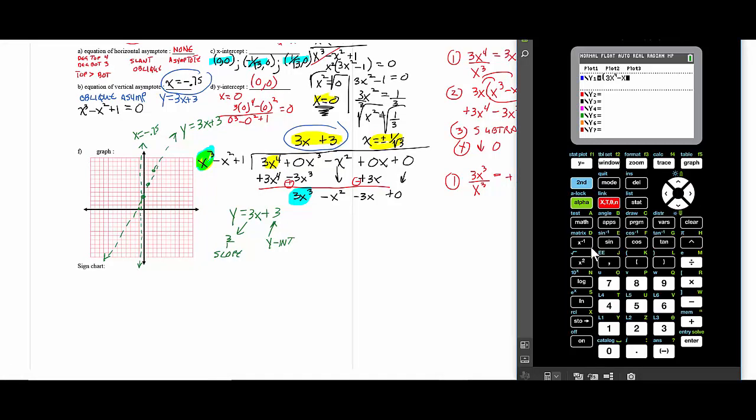So that's the numerator of the problem that I gave you. Then we want to divide by the denominator, which was x to the third minus x squared plus 1. So that's the graph that we're going to do.